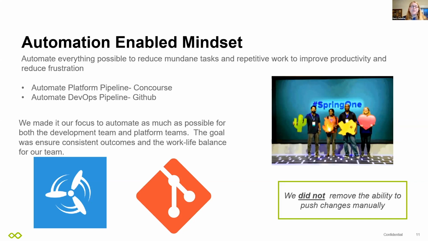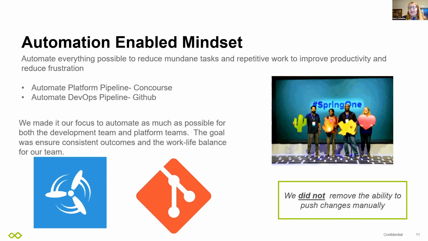And then for our developers, we worked with them and we developed a DevOps pipeline using GitHub. So they can go in and have a process that goes through, and a lot of things that they were doing manually, like scanning their code and looking for vulnerabilities, all get automated and basically spit out a report as part of their GitHub commit.